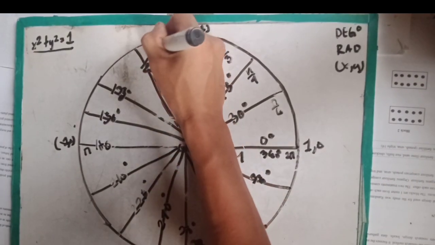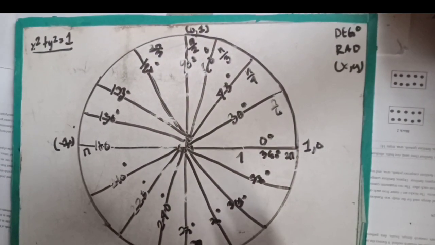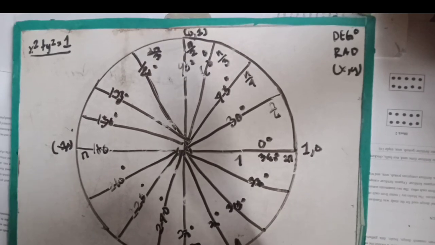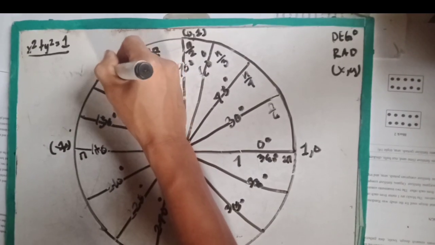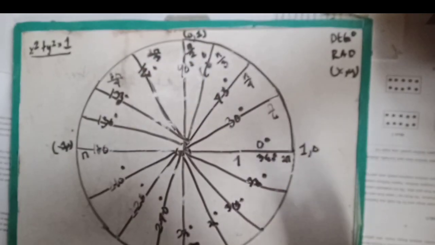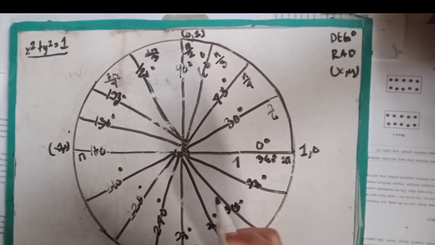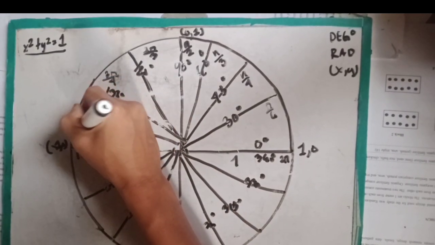So it is 2 pi over 3 here. Then next, pi minus pi over 4 is equal to 3 pi over 4. So it is 3 pi over 4. Then next is pi minus pi over 6, which is equal to 5 pi over 6. So it is 5 pi over 6.